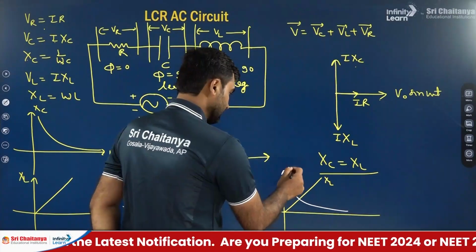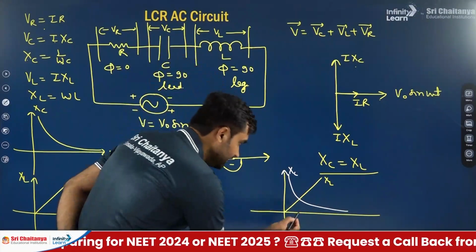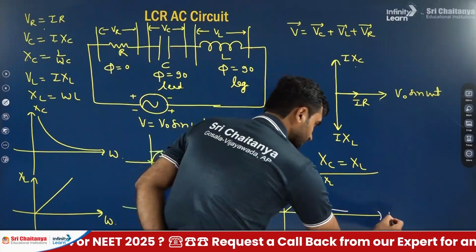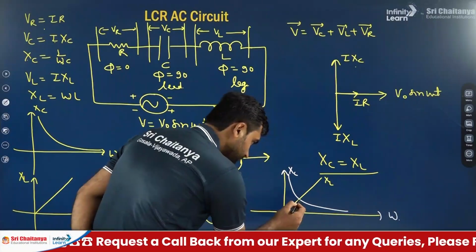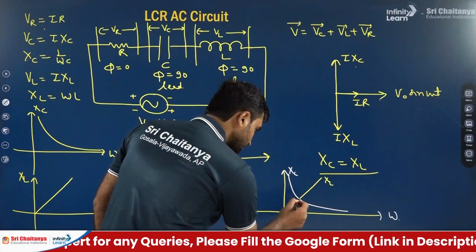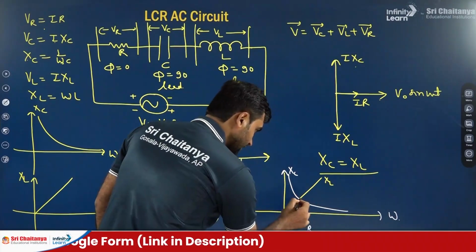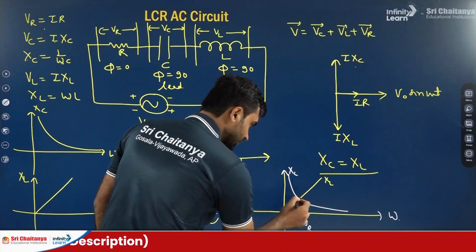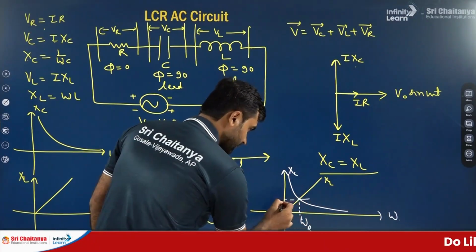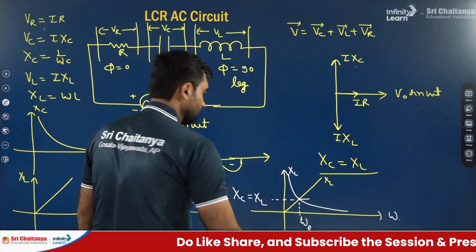Okay, this is XC and this is XL. You can see here for this particular frequency, both are intersecting, meaning both are equal. XC and XL both are equal.